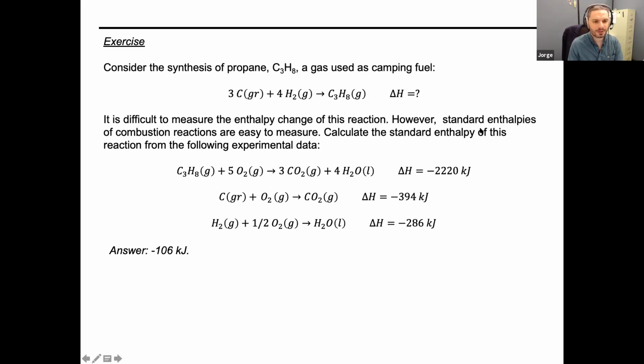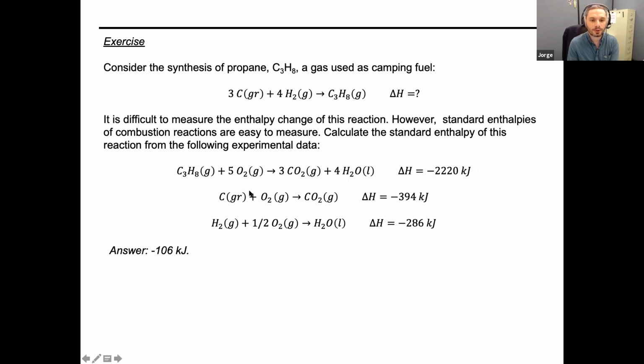However, standard enthalpies of combustion reactions are easy to measure, and the problem tells you to calculate the standard enthalpy for this reaction from the following experimental data. So we know that C3H8 reacting with oxygen, producing carbon dioxide and water, has a delta H of minus 2220 kilojoules.